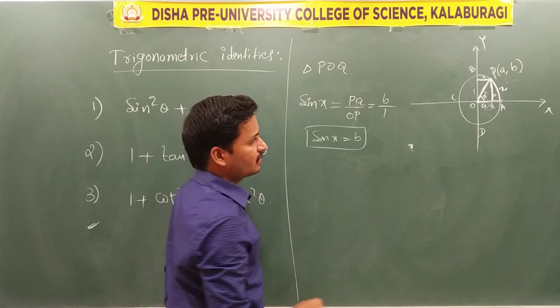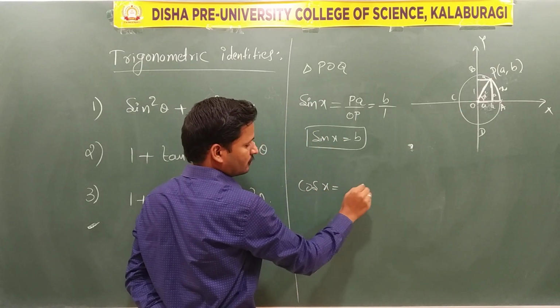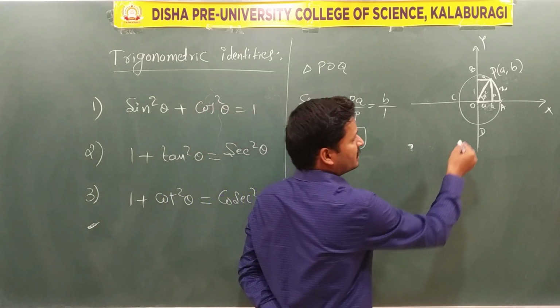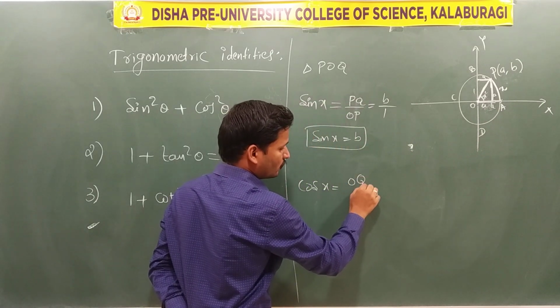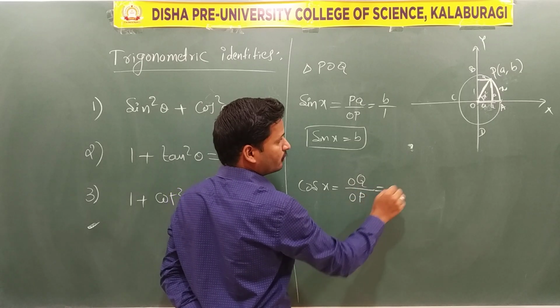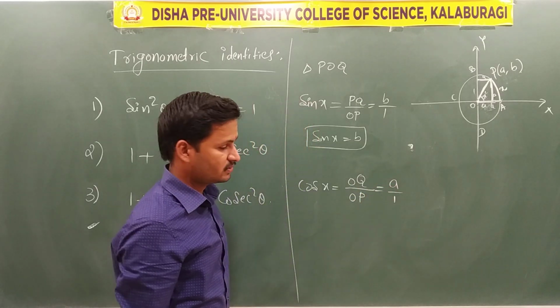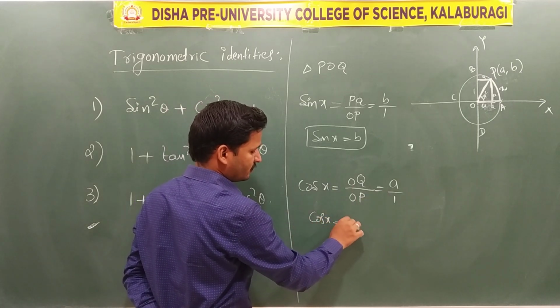Then next, I will define the cos function. So cos x is equal to the ratio of adjacent to the hypotenuse. So adjacent is here OQ, OQ divided by OP. OQ length is A, OP is the radius, so 1 unit. So A is equal to cos x.